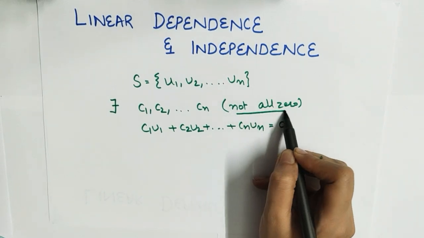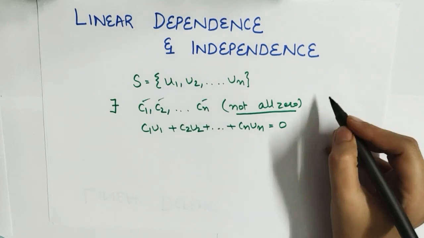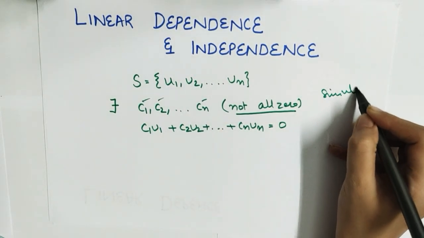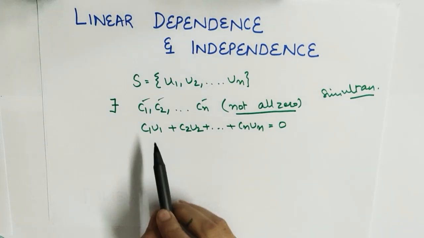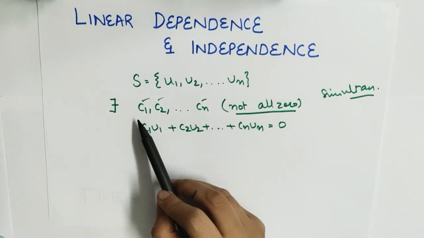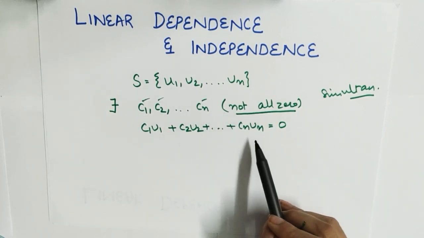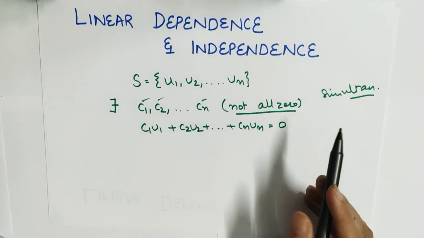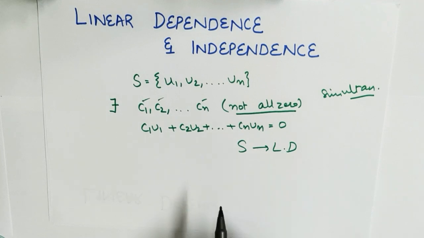Not all 0 here means that all of the scalars cannot be 0 simultaneously. So, if there exist some non-zero scalars c1, c2, cn such that c1u1 plus c2u2 plus cnun is equal to 0, then the set S is linearly dependent.